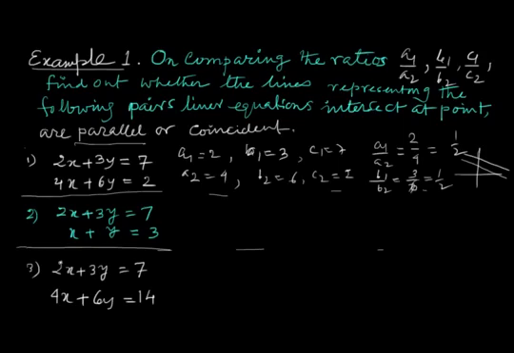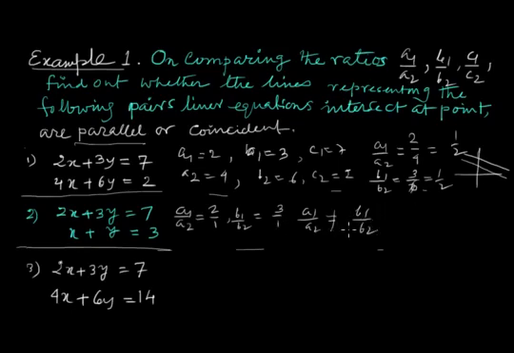Now look at the second equation. Here A1 by A2 is equal to 2 by 1, B1 by B2 is equal to 3 by 1. So clearly A1 by A2 is not equal to B1 by B2.